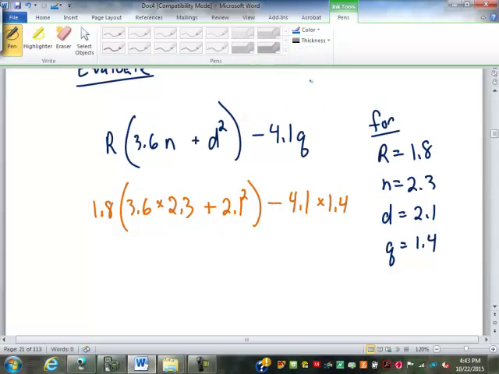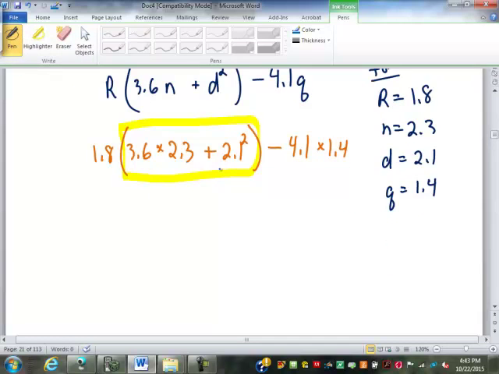What do we have to do first? Parentheses. We're going to start out inside the parentheses. In there, what do we have to do first? The squared. 2.1 squared is 4.41.